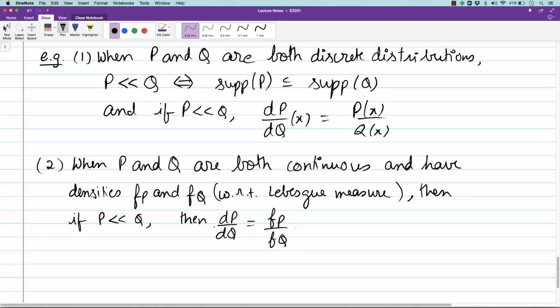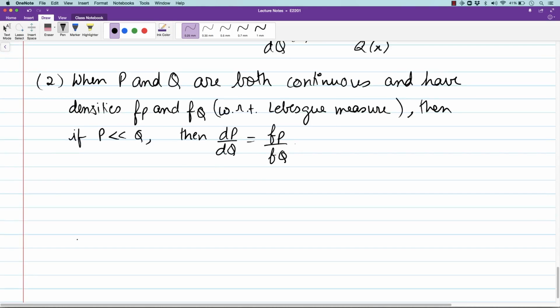So why did we define this Radon-Nikodym derivative? Because it can be used to define a divergence between two distributions.